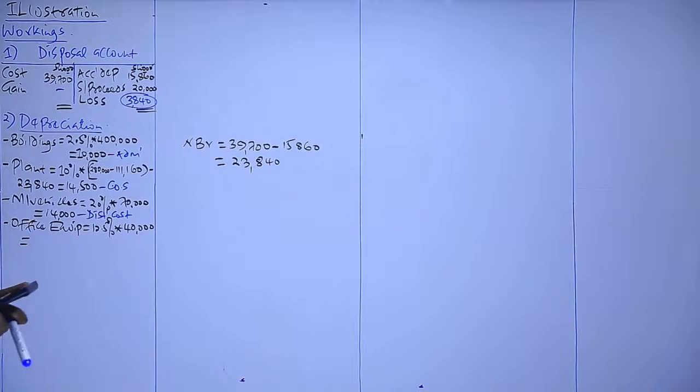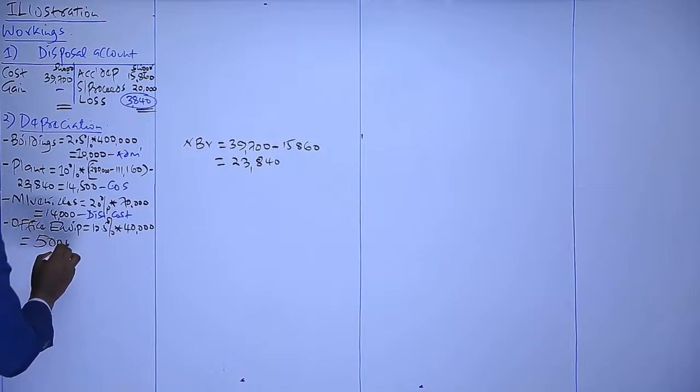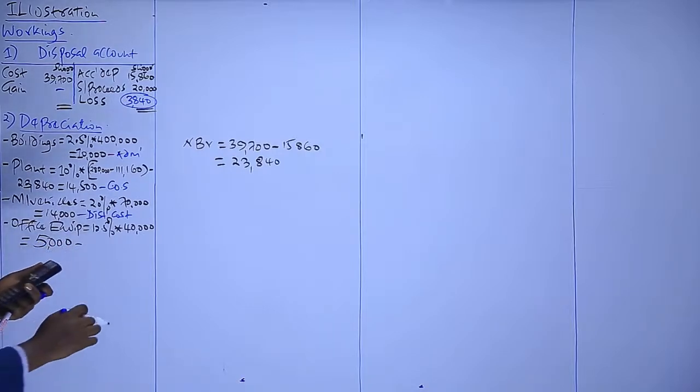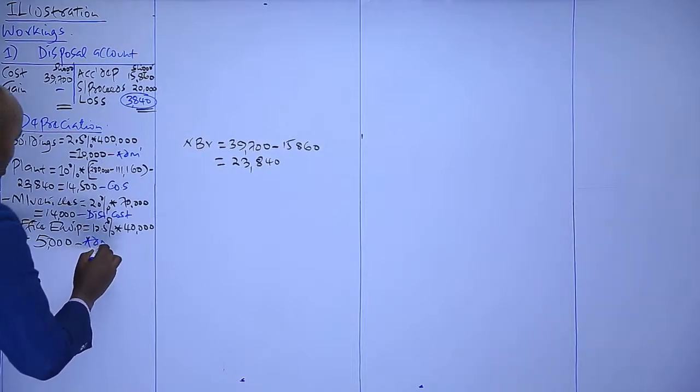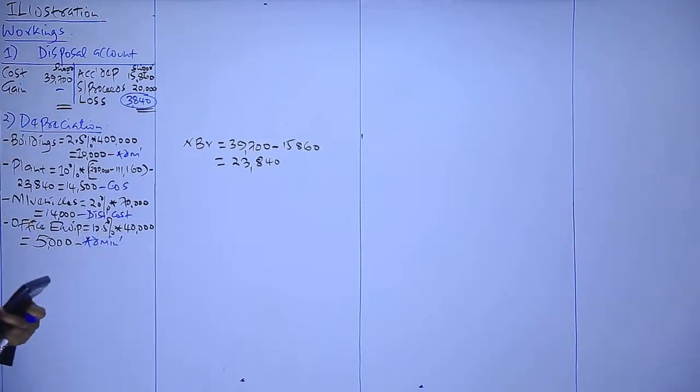Then we compute depreciation on equipment, which is 12.5% of the cost. This will give us 5,000, and as per note number 2, this is part of the administrative expenses. So those are the depreciations, and I think we are done with that point.